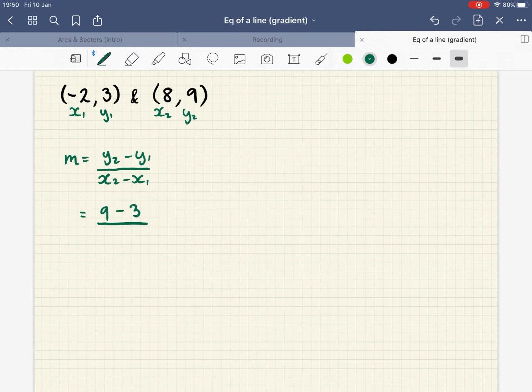Now this part here, I'm going to have that 8, but I must make sure when I substitute that -2, I do include a negative. And I recommend brackets purely because it makes it really obvious when we have these 2 negatives directly next to each other. So that will come 6 over, now we'll turn into 8 plus 2, which will be 10. And then I can simplify that to 3 over 5. So that is all for our gradient.